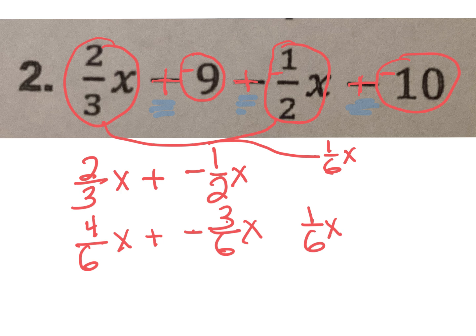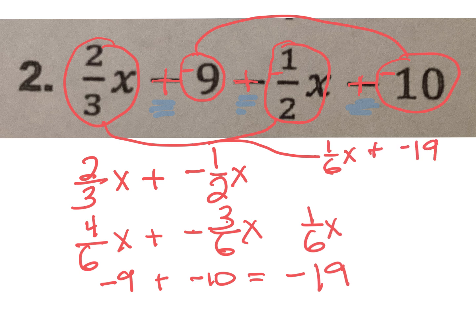Now, the other thing I have is this negative 9 and negative 10. When I do a negative 9 plus a negative 10, that's going to give me a negative 19. So I could do plus negative 19. But also I want you to get to the place where if you're adding a negative, it's the same as subtracting it.